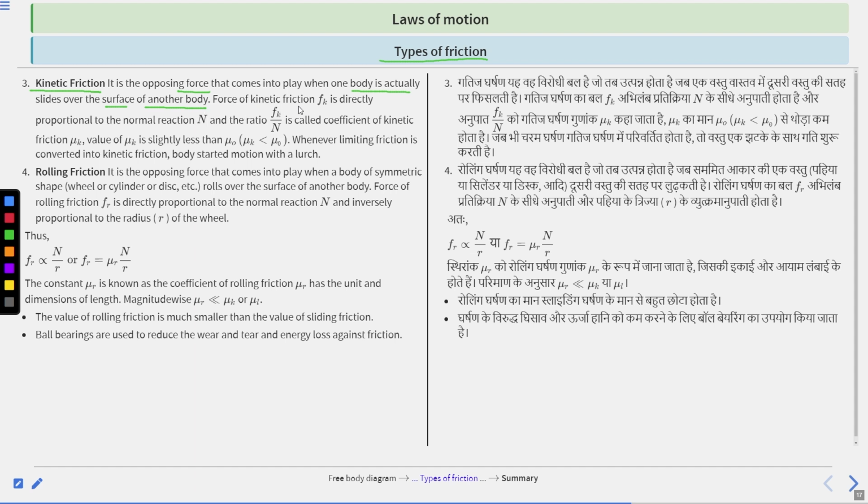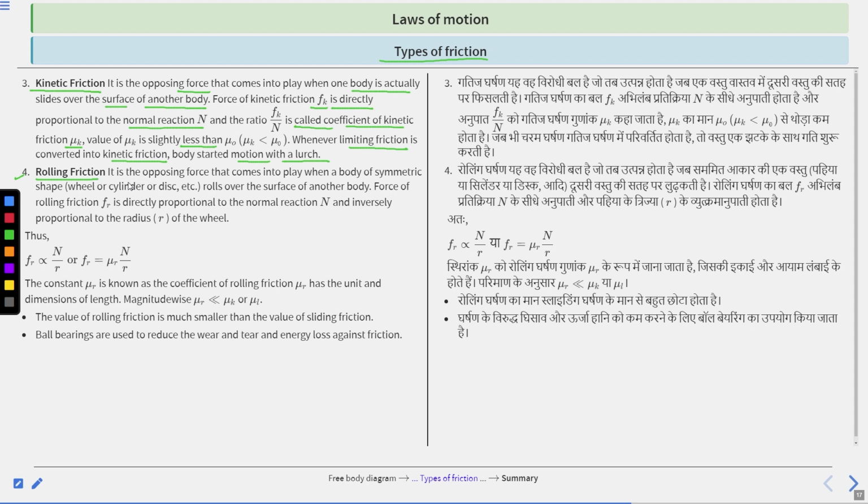Force of kinetic friction Fk is directly proportional to the normal reaction N, and the ratio Fk divided by N is called the coefficient of kinetic friction, which is mu k, and the value of mu k is slightly less than mu naught. So mu k is less than mu naught. Clear? Whenever the limiting friction is converted into kinetic friction, the body starts motion with a lurch. Clear? Fourth is rolling friction.